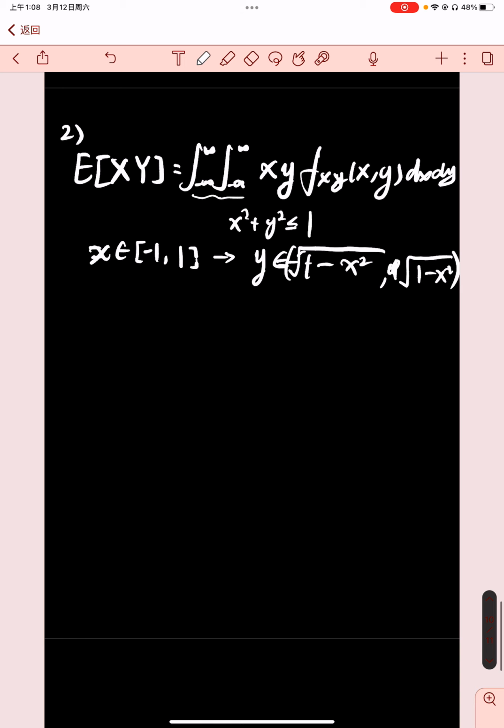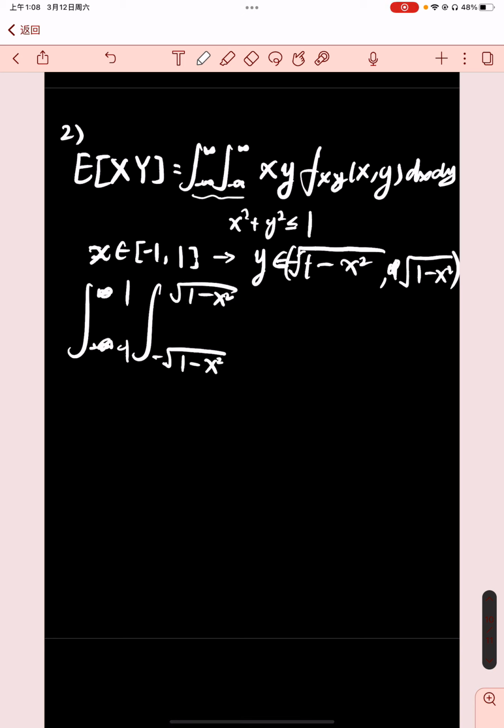So the range will become from negative 1 to 1, and negative square root of 1 minus x squared to square root of 1 minus x squared, times x and y times what we have, 1 over pi, dy and dx.